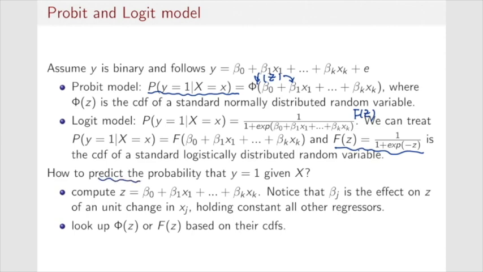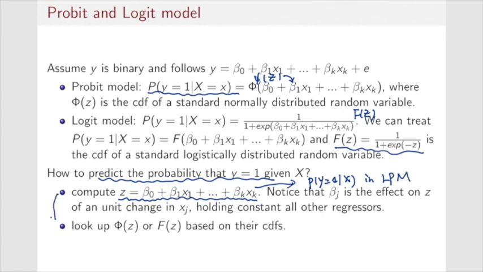Compared to the linear probability model, now if we want to predict the probability of the event that Y equal to 1 given X, we first need to compute this z. This term is directly equal to the probability that Y equal to 1 conditional on X in the linear probability model.